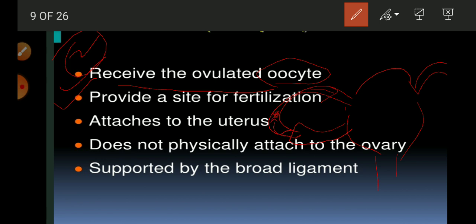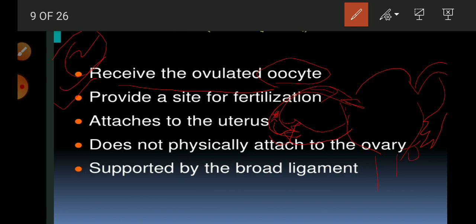It also attaches with the uterus, but it does not physically attach to the ovary. It has finger-like projections near the ovary, and it catches the releasing oocyte.